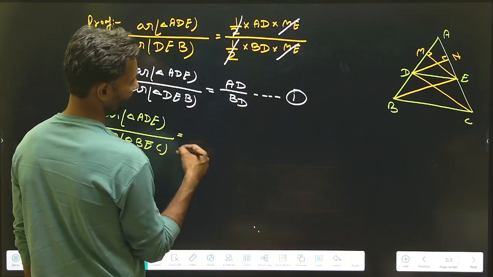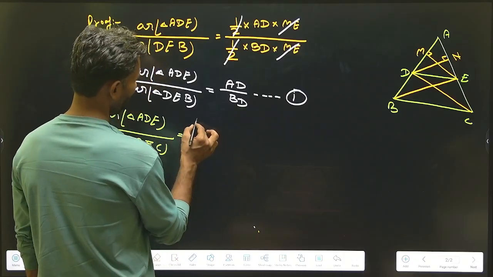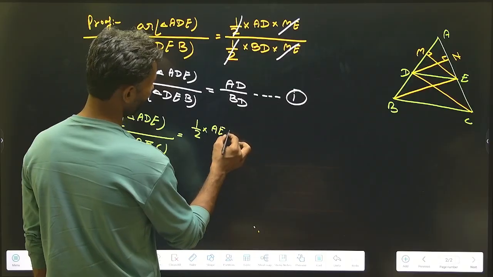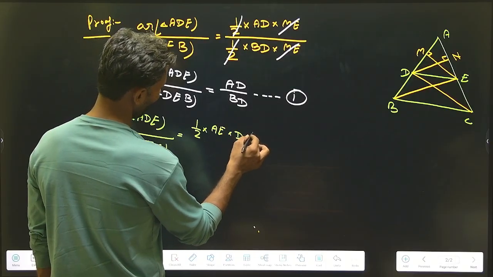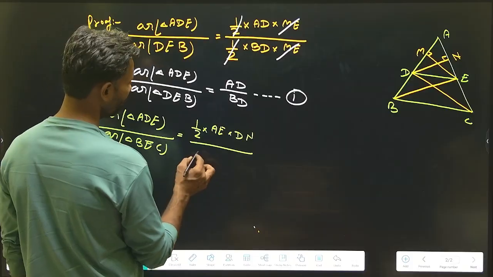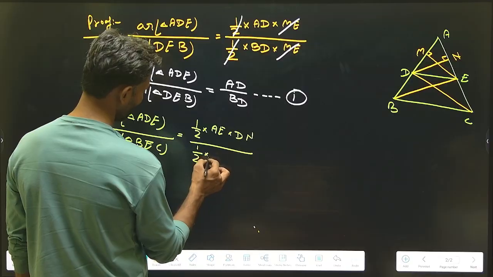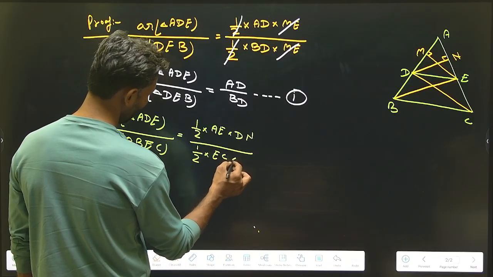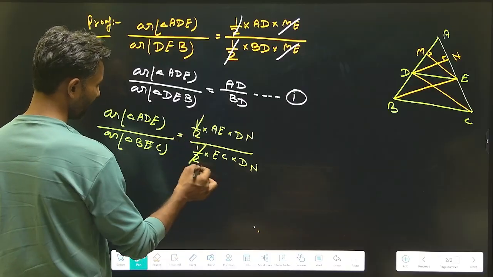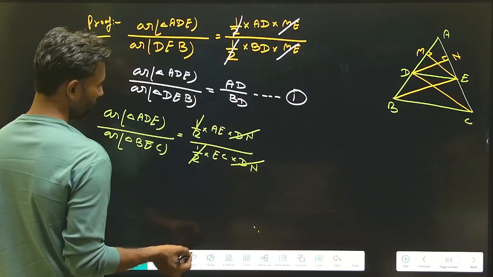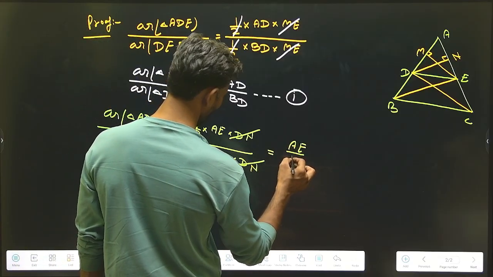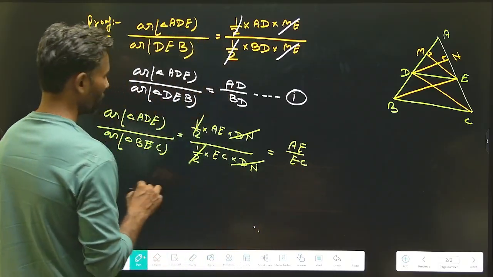It will be equal to 1/2, this time the base is AE and the height is DN, upon, for triangle BEC, the base will be EC, 1 by 2 EC, and the height the same, DN. Again 1 by 2 cancelled, DN cancelled. So it will be equal to AE upon EC.